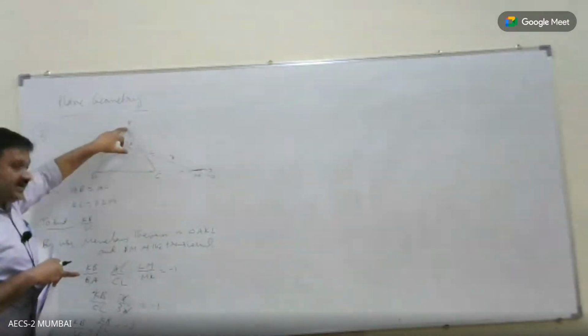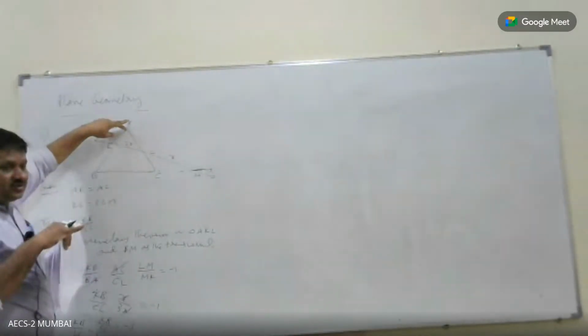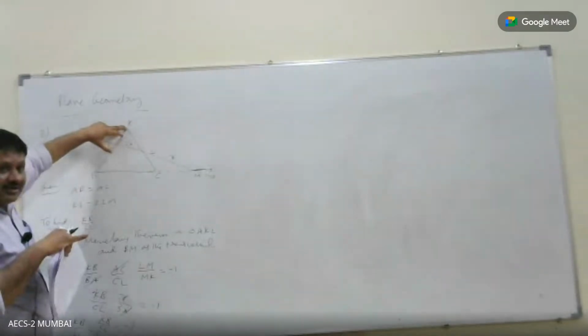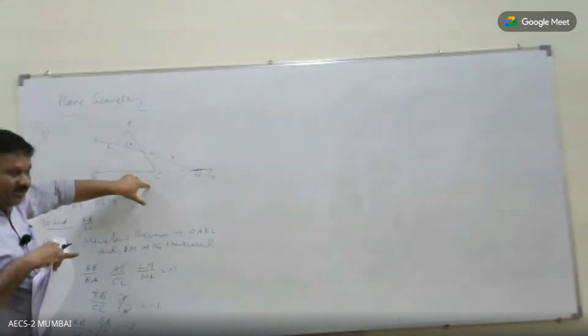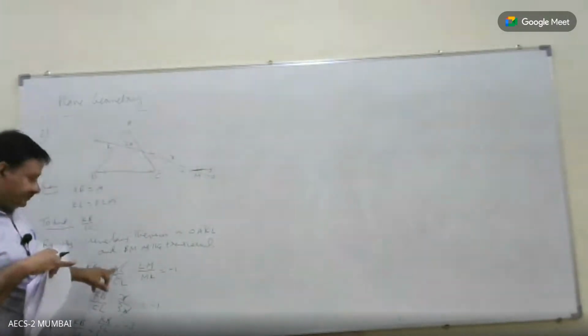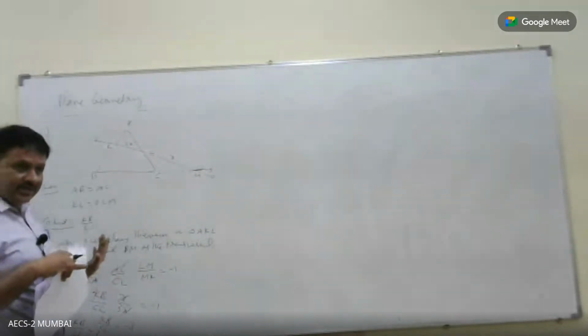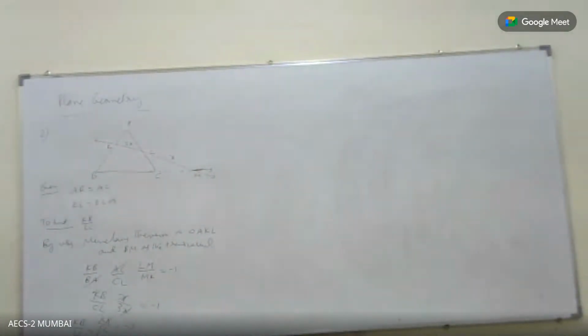Next choose vertex A. Now which side should I choose? Not this. Yeah, already okay. This. This AL is cut at C. So A to C, C to L. Got it? Right.